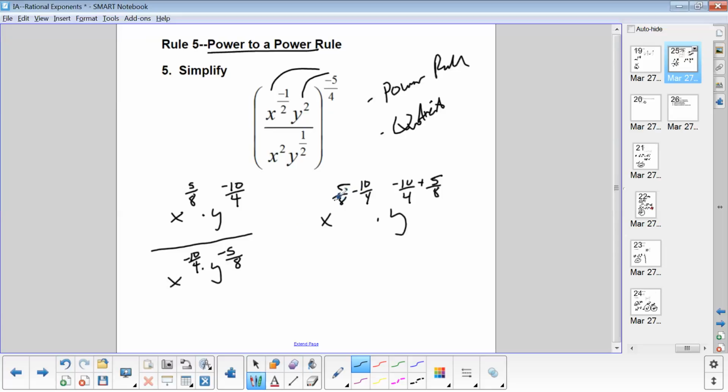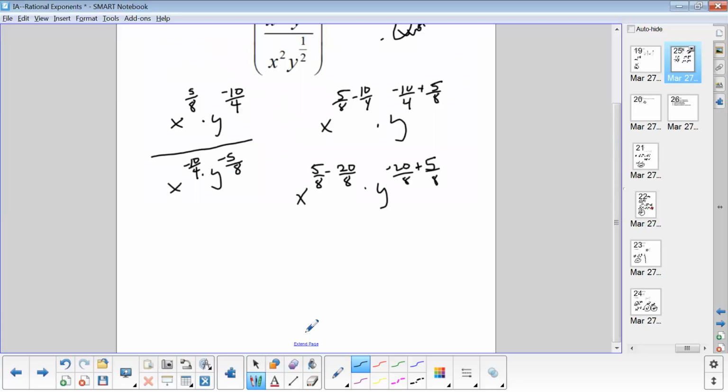So LCM of 8, so x to the 5/8 minus 20/8 times y to the negative 28 plus 5/8. So since we were dividing, we were allowed to subtract the exponents.